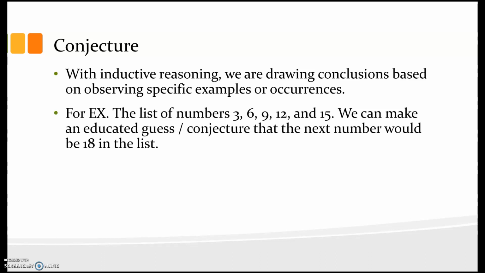We see that it goes 3 to 6, up by 3, then 6 to 9, up by 3, 9 to 12, up by 3, 12 to 15, up by 3, and if we were to go up by 3 again, that should land us at 18. So that is making a conjecture based off of what we have. We're just making an educated guess, if you will.